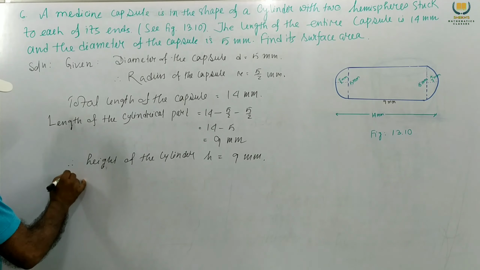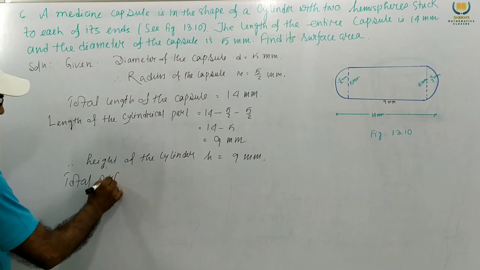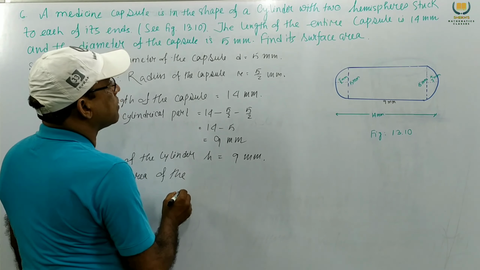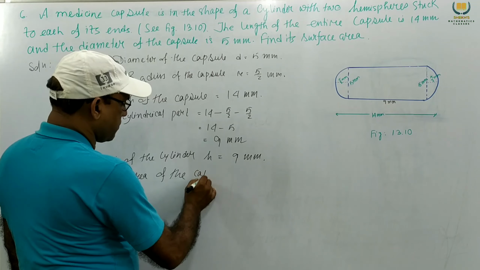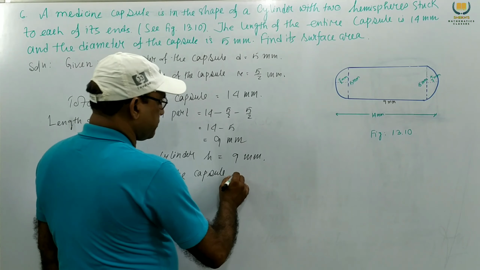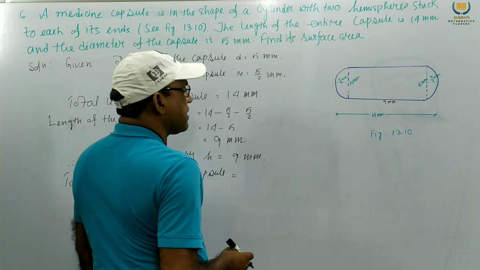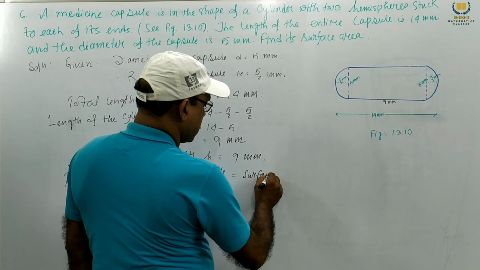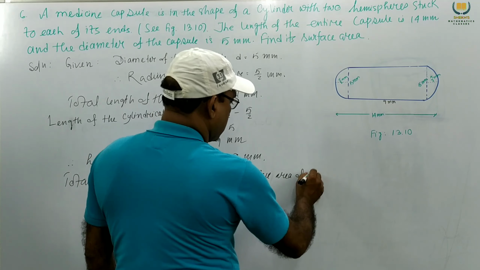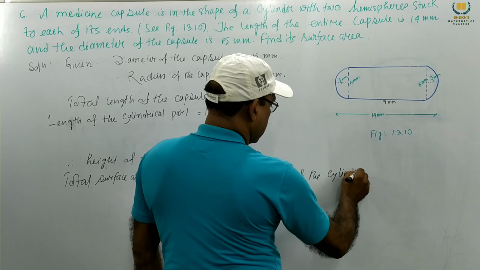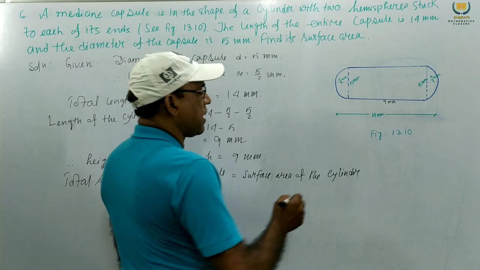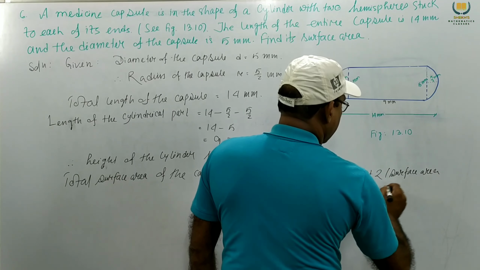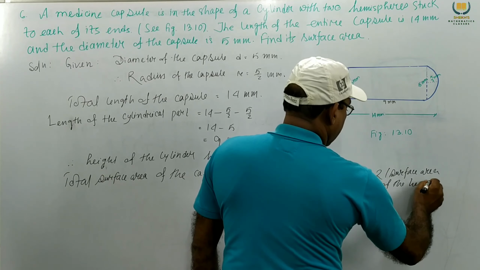So total surface area of the capsule equal to surface area of the cylinder, that means lateral surface area of the cylinder, plus 2 into surface area of the hemisphere.